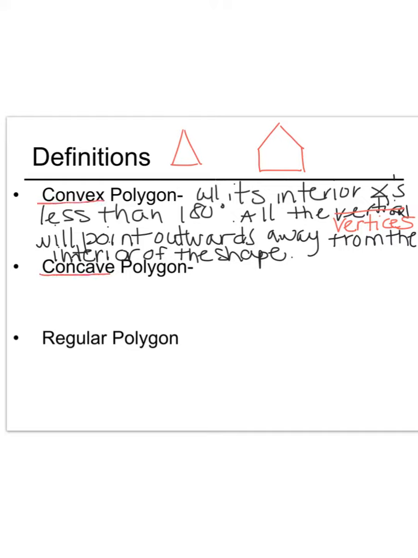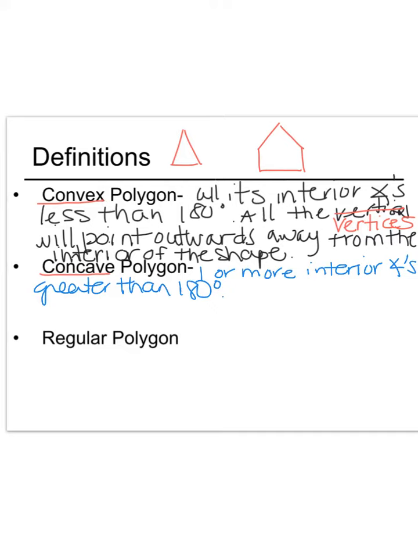So a concave polygon is basically the opposite of a convex polygon. It's defined as a polygon with one or more interior angles greater than 180 degrees. It looks sort of like a vertex has been pushed in towards the inside of the polygon.